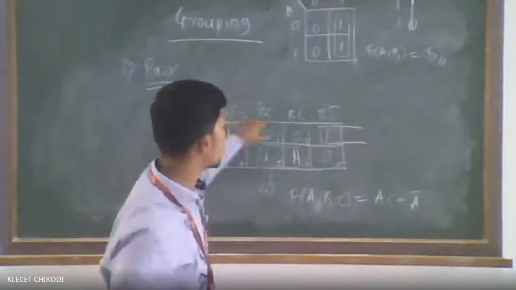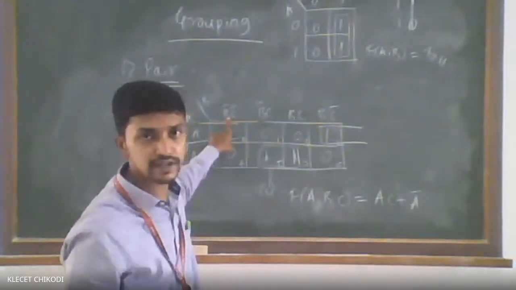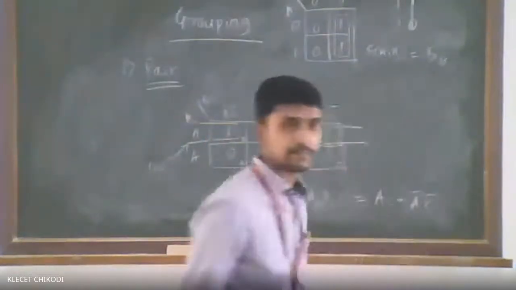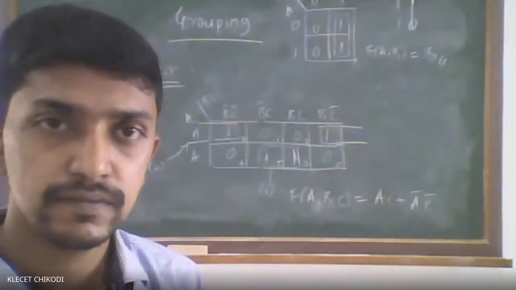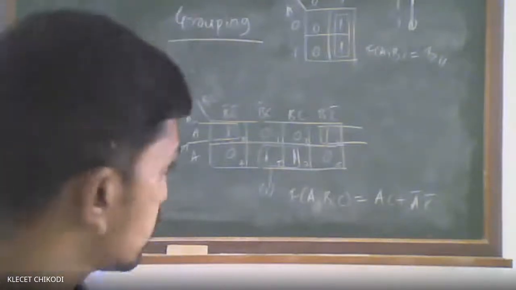So this C bar value remains the same. We are not considering this B because there is a transition. So it will be A bar C bar. So is it clear? Okay.